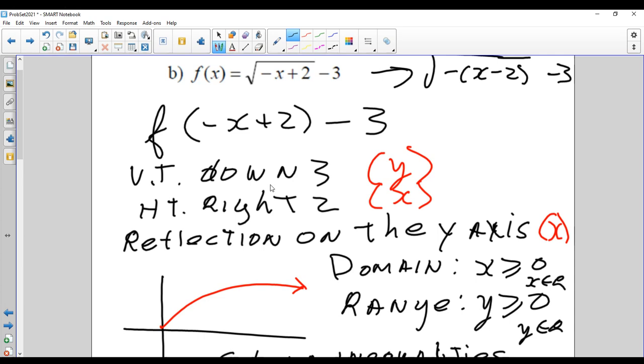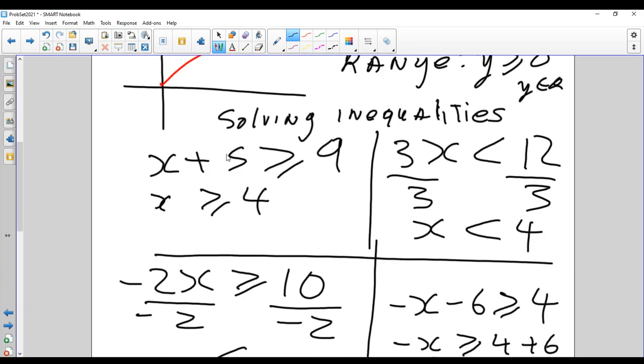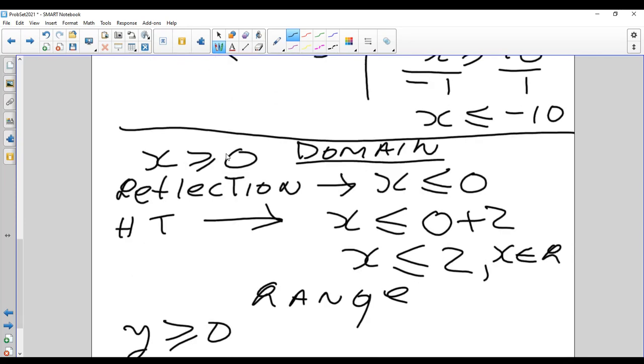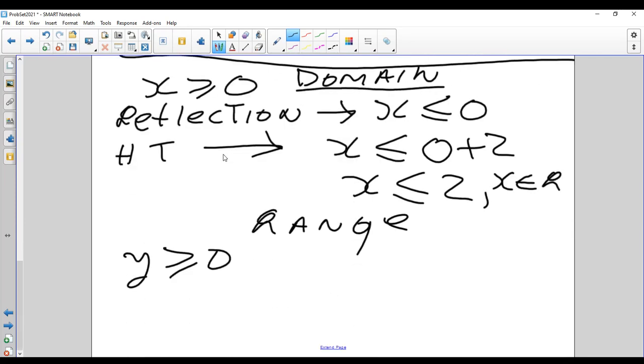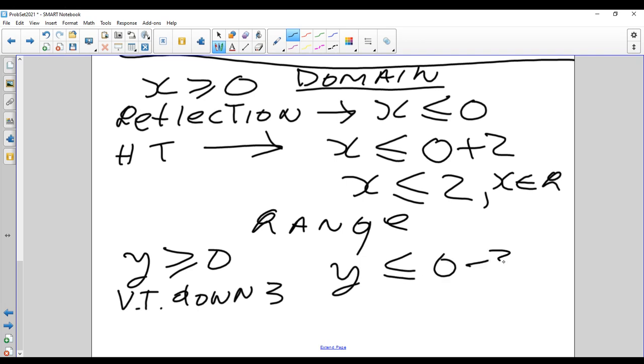So now we're going to say that the range is 0 minus 3. So this is as a result of the VT down by 3. So this becomes y is less than or equal to 0 minus 3, or y is less than or equal to minus 3.